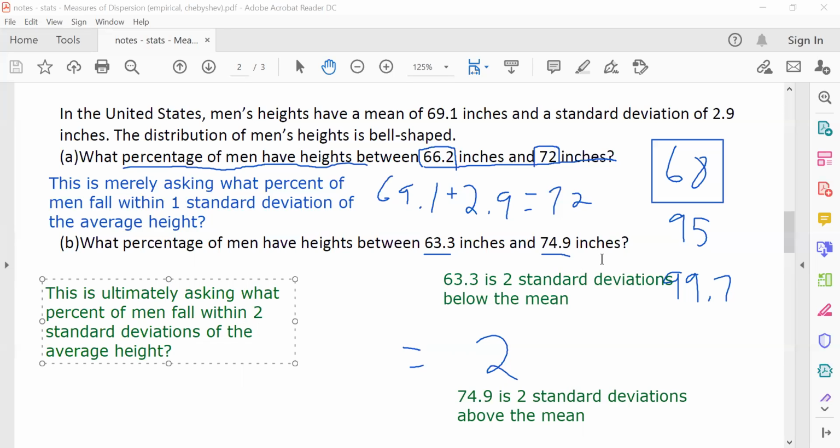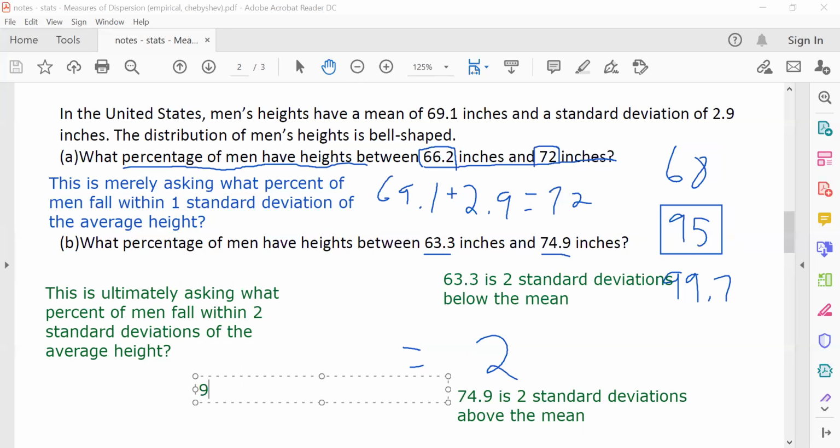So which values from the empirical rule would we use here? 95, exactly. So the answer to this one is, well, 95% of men fall between 63.3 inches and 74.9 inches.